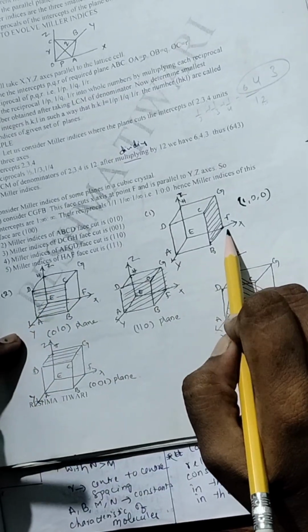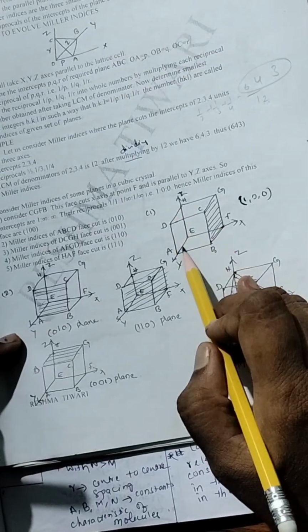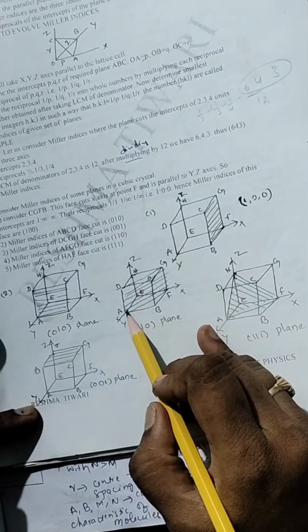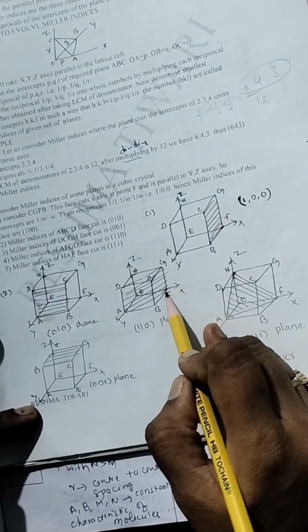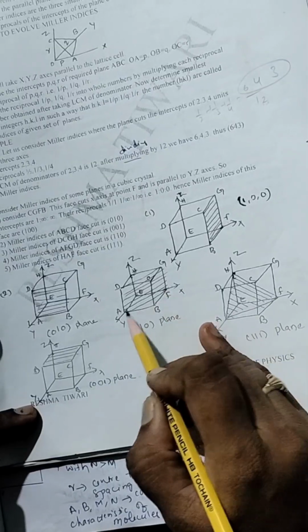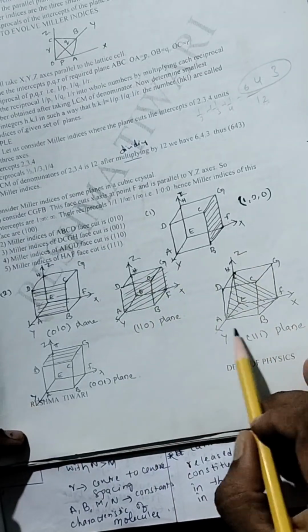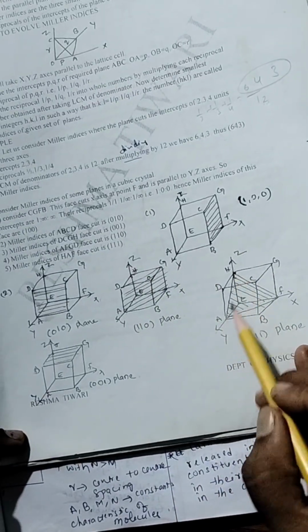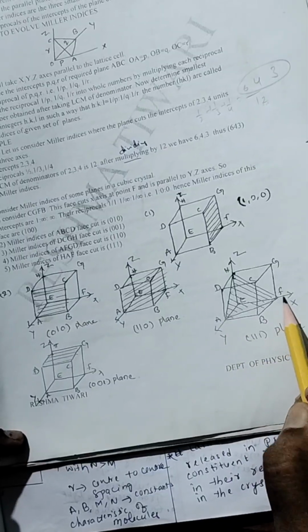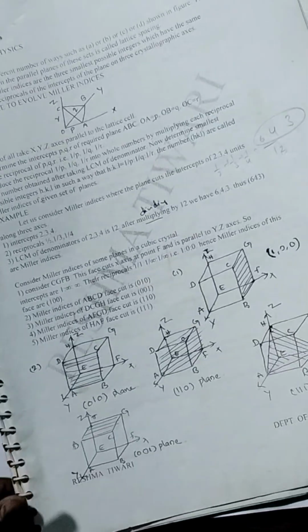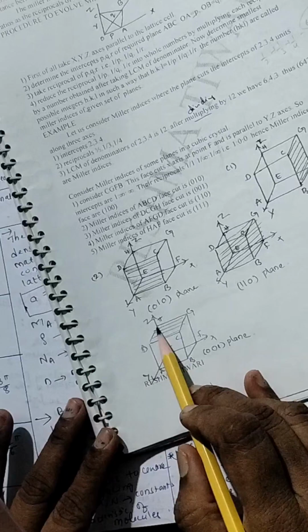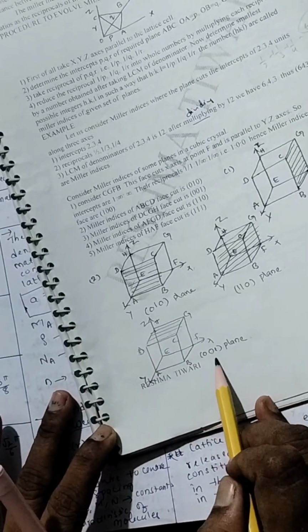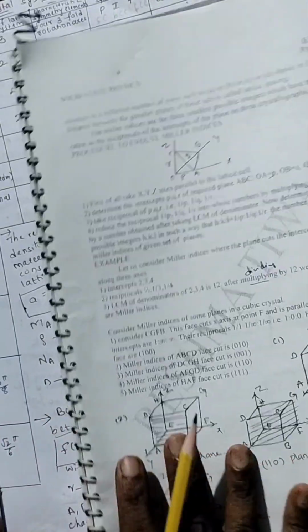This is intersecting X, no? 1, 0, 0. This is intersecting Y and X, so 1, 1, 0. Next this is intersecting X, Y, Z, so 1, 1, 1. Miller indices. Now this is intersecting Z only, so 0, 0, 1. Right?